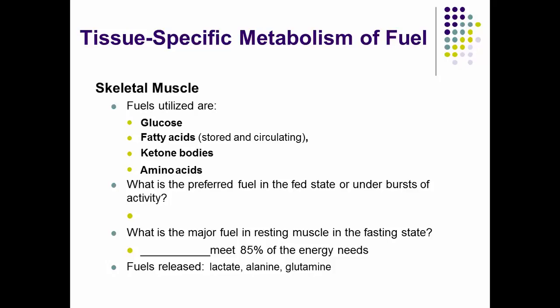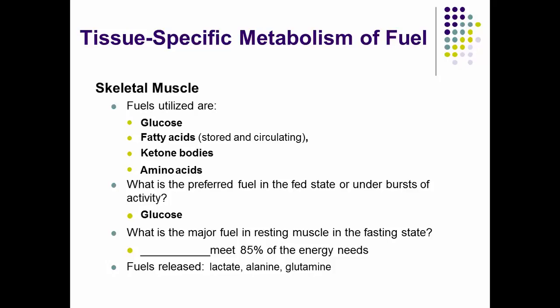So it's easy, right? And what is the preferred fuel in the fasting condition or under bursts of activity, like when we're doing exercise? What is the preferred fuel? Glucose, yes. Glucose is the preferred fuel for muscle. And what is the major fuel in resting muscle in the fasting condition, meaning the energy fuel that meets like 85% of energy needs in the muscle?